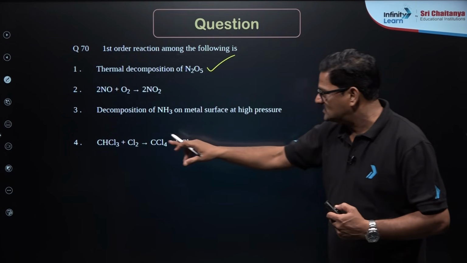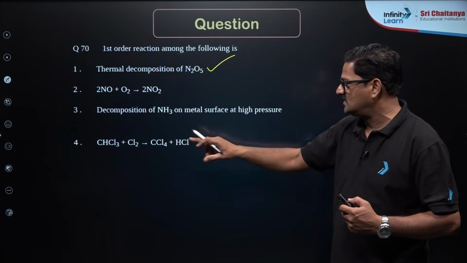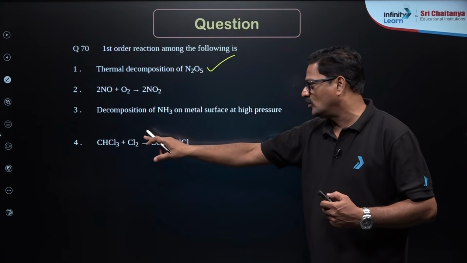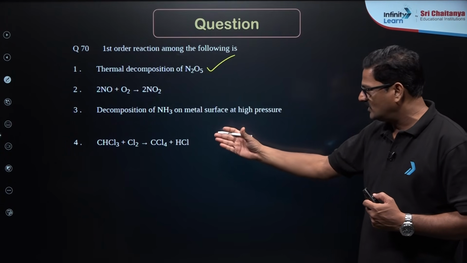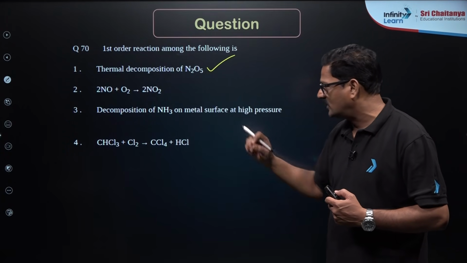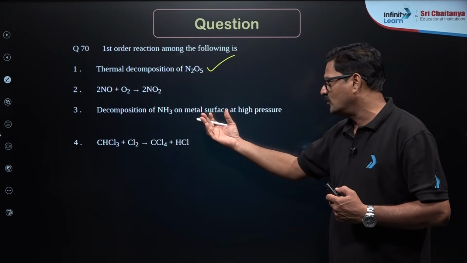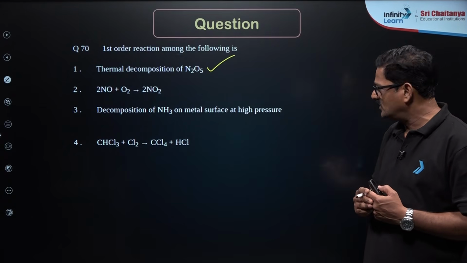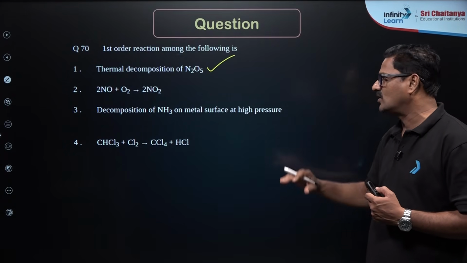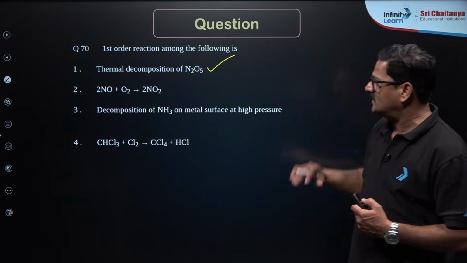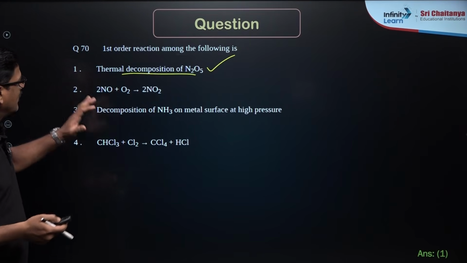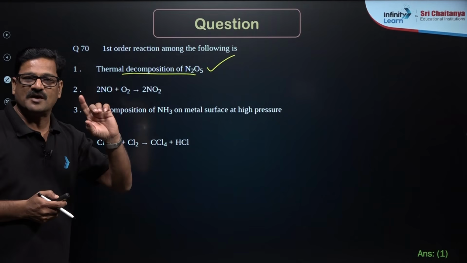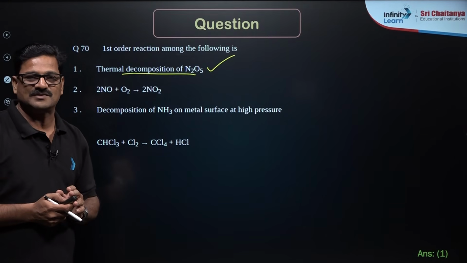You can see CH4 and Cl2 giving chloroform, carbon tetrachloride, free radical substitution, zero order reaction. Decomposition of ammonia on the surface at high pressure is also zero order. So thermal decomposition of N2O5 is going to be the first order reaction. Option 1 is the correct answer for this question.